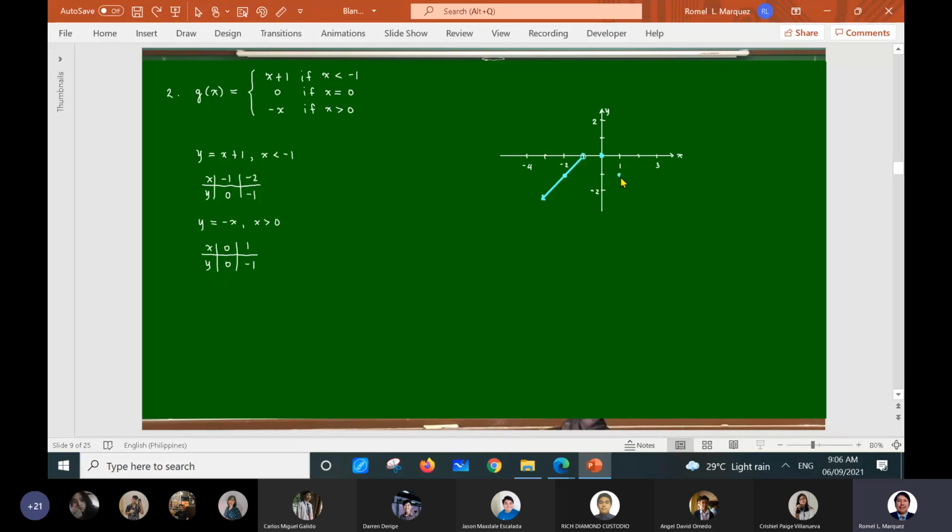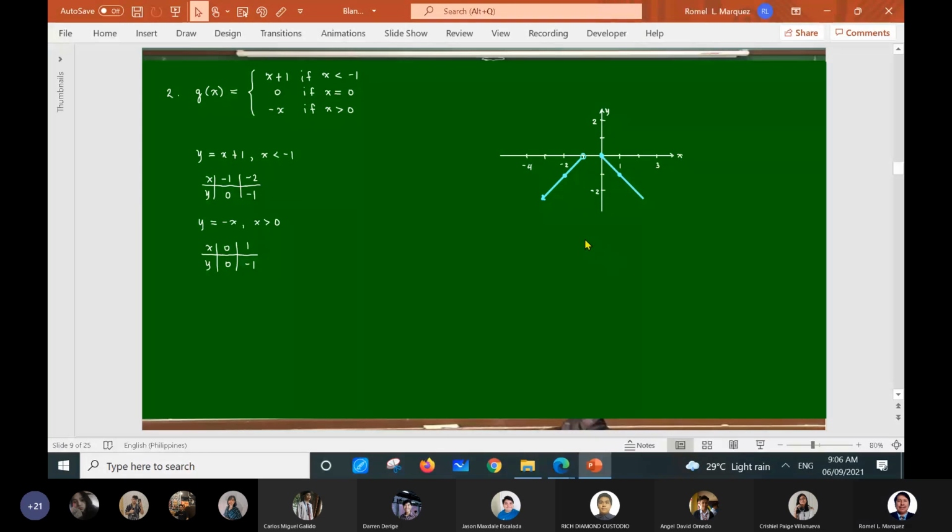Okay. So it so happens that this negative x connects with 0, 0, right? Am I correct, children? Yes, sir. So it's not anymore a hole at 0, 0, no? Because it is saved by the 0, 0, which connects to negative x. While the other one has no connection with 0, 0, this x plus 1.